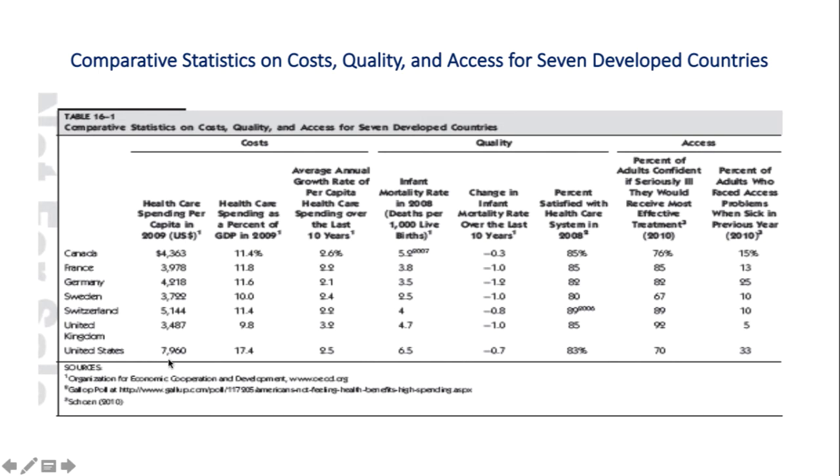As you know, the United States has the highest healthcare spending per capita, about 8,000, more than 3,000 per capita higher than the other developed countries.